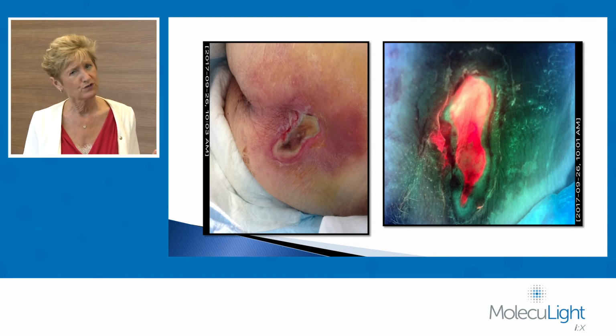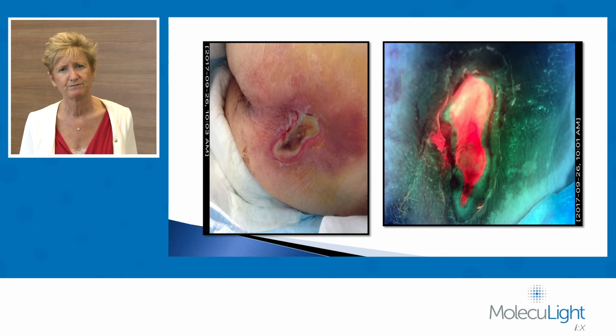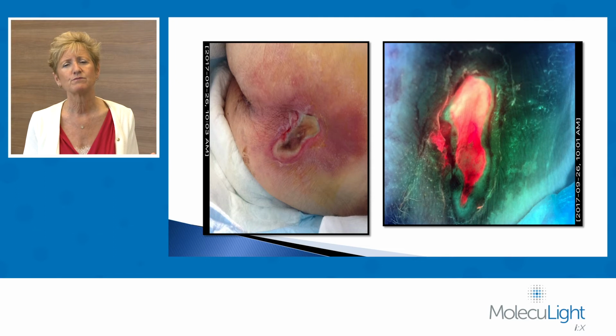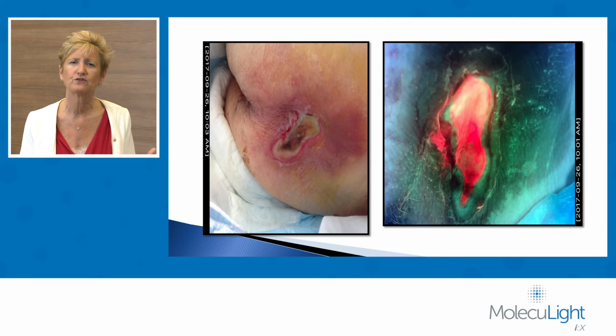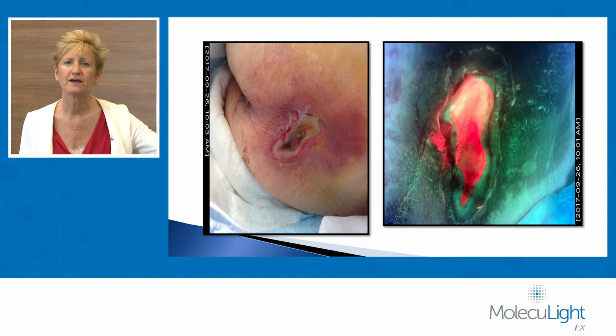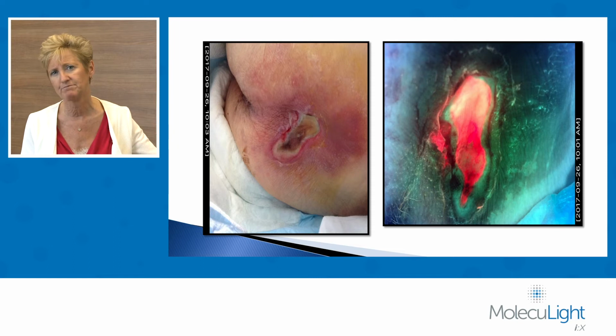But it was noted that she had a pressure injury. So I was asked to go to the bedside to say, Rosemary, could you suggest a treatment care plan for this lady in terms of her next steps, whether it was going to be a long-term care facility, and how they should care for this particular wound or pressure injury.